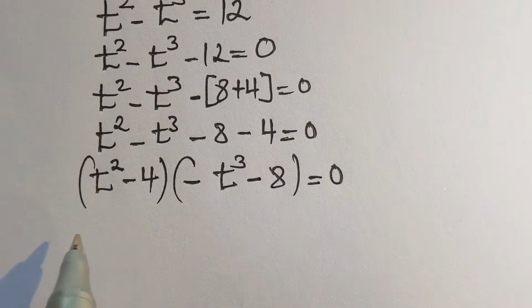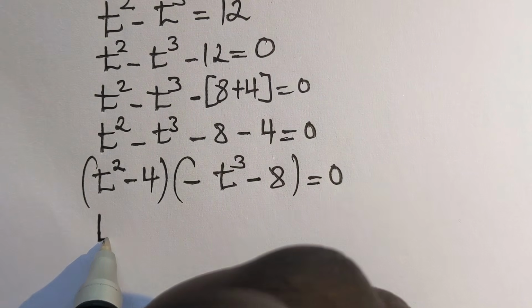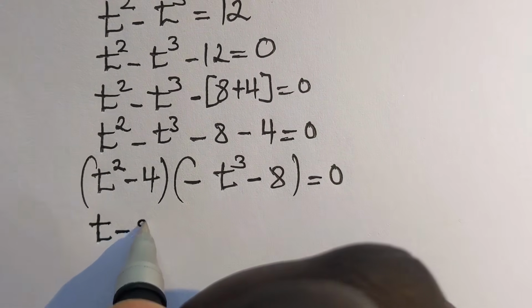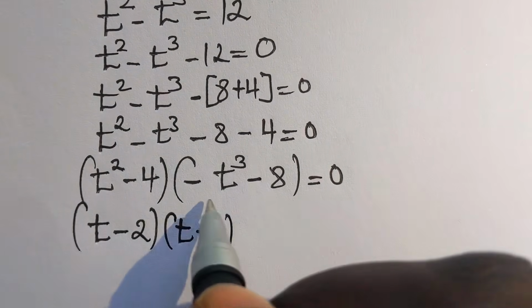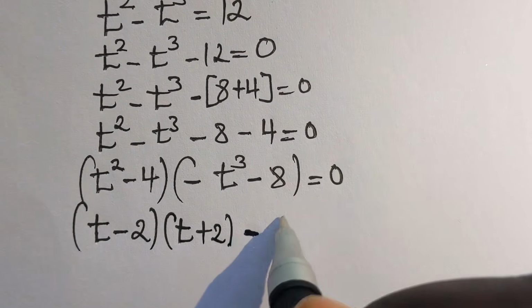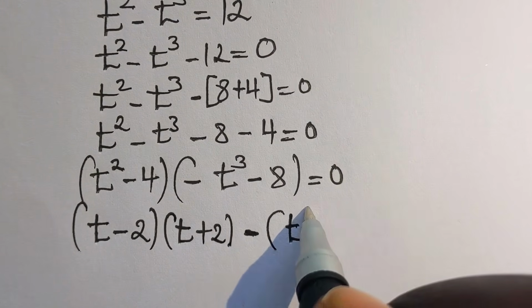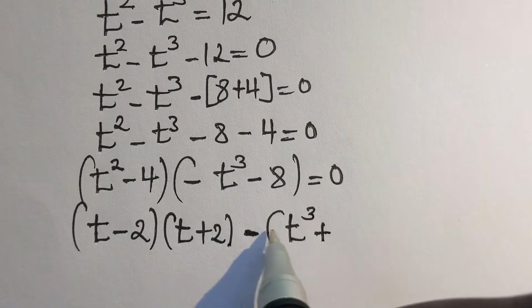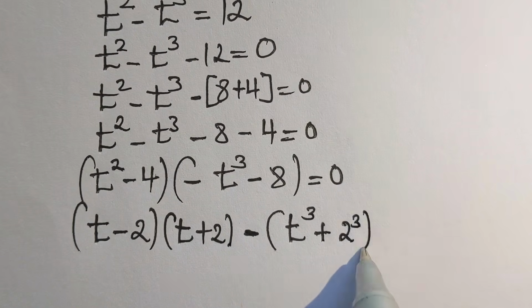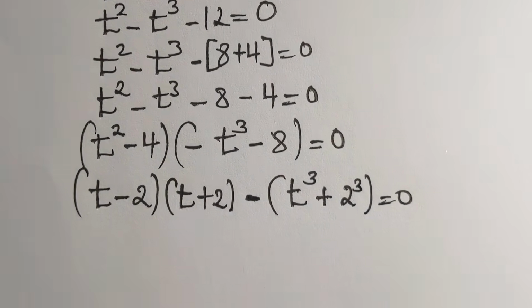And of course here we have to know that we have a difference of two squares. We have T minus 2 and T plus 2, but here we can factorize to get minus T cube plus 2 power 3 equals 0.